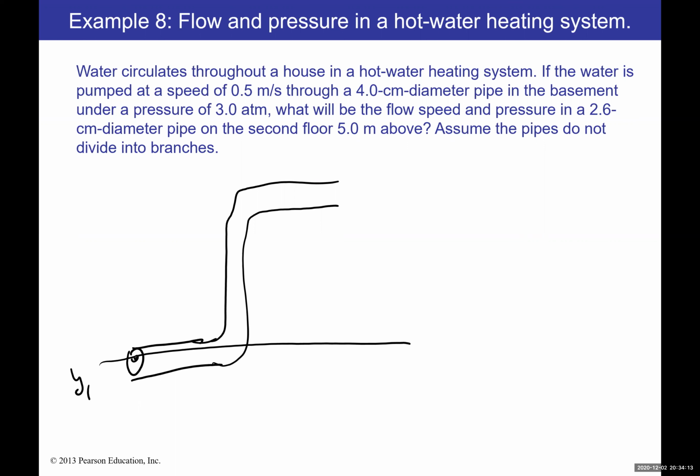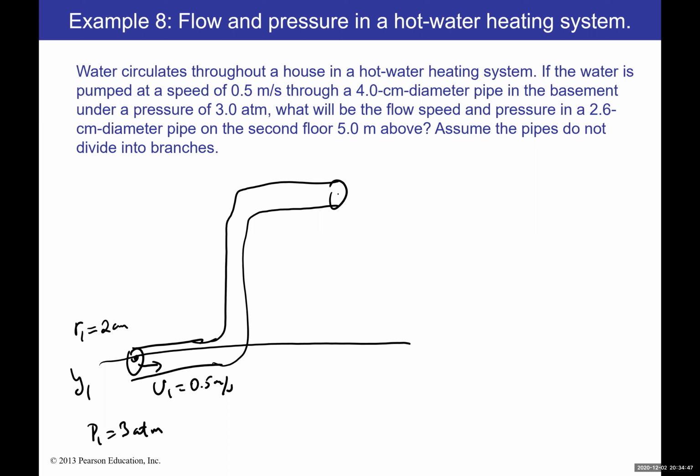We're told that it is moving at 0.5 meters per second, so the speed v1 equals 0.5 meters per second. It is a 4 centimeter diameter pipe, so the radius r1 is 2 centimeters. And the pressure P1 is 3 atm.